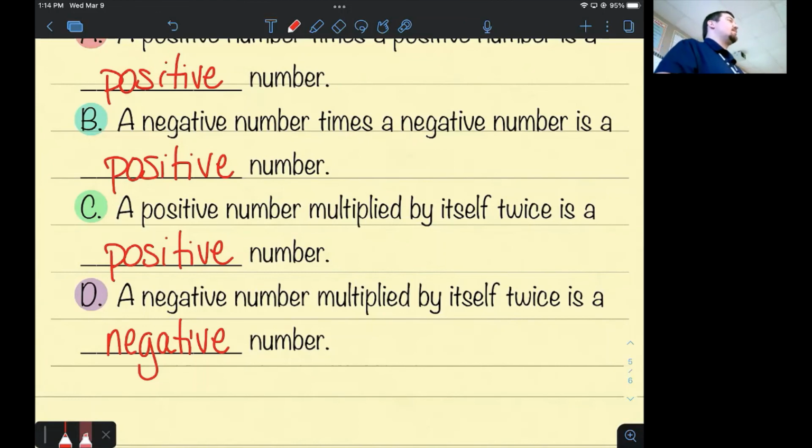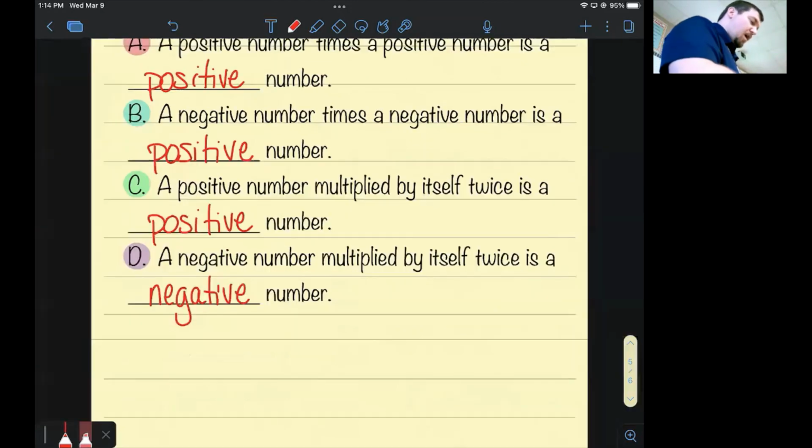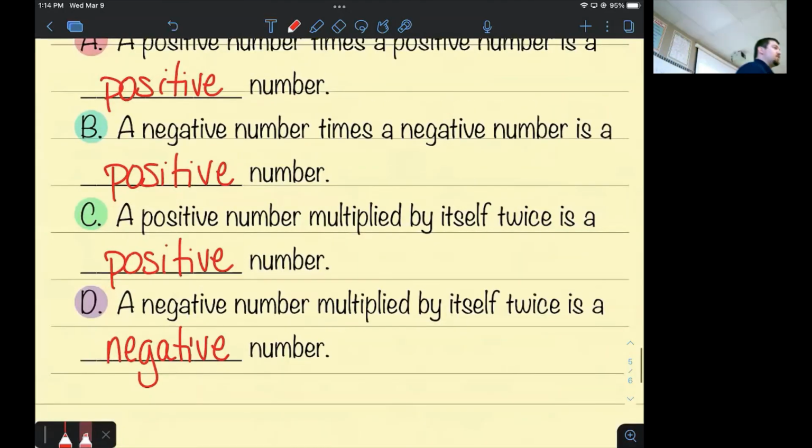And then to the odd number, it's always going to be negative. So what she just said was a negative number raised to an even power is always going to be positive, and a negative number to an odd power is always going to be negative. That's exactly right. But a positive number to any power is still going to be positive because there's no negatives. All right, there's our lesson for section 7.3.